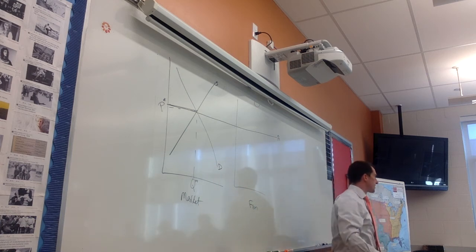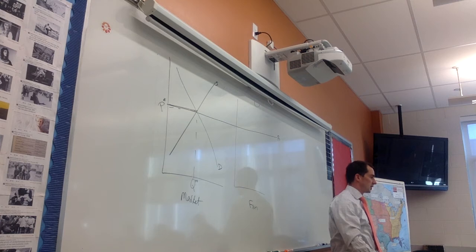A firm is one tiny firm in the whole world of this market. If you want to have some boutique electronics store and you want to sell iPads or iPhones in your store, you have to charge the price that Apple tells you to charge.